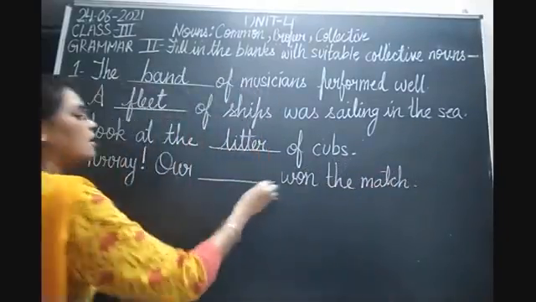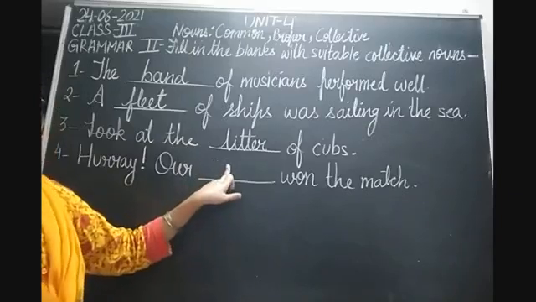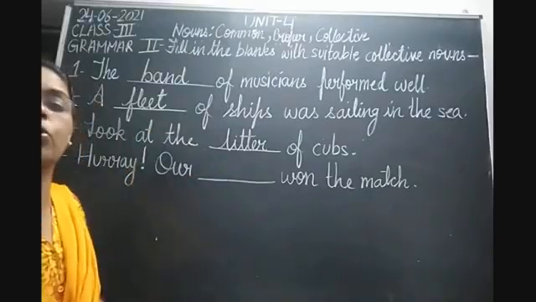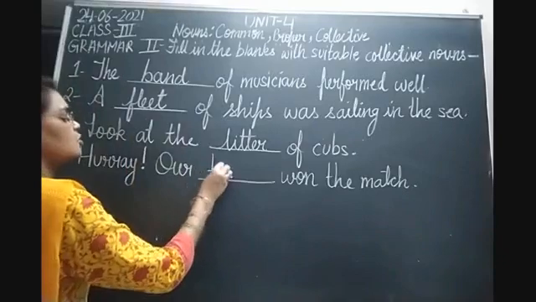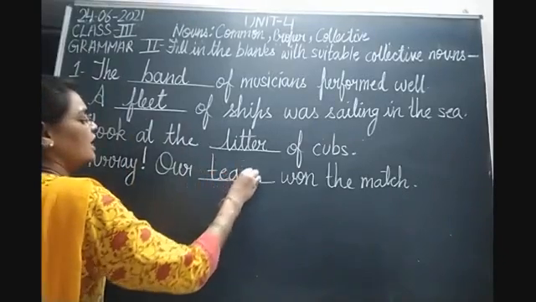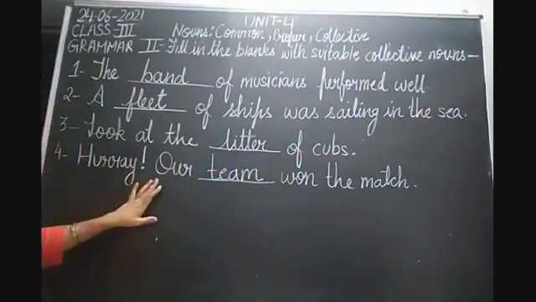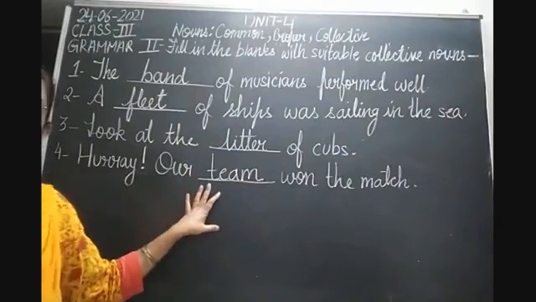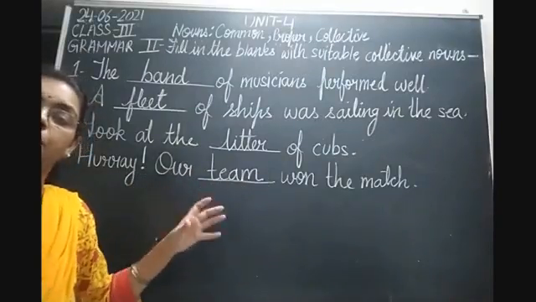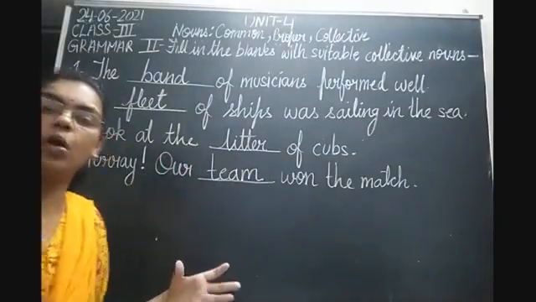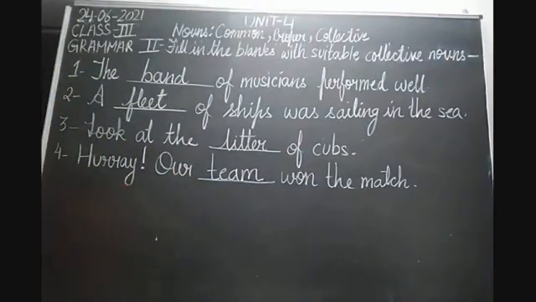So, players के कलेक्टिव नाउन को क्या बोला जाता है? टीम. T-E-A-M, टीम. Hooray, our team won the match. Team of players. The collective noun for players is team. So, hooray, our team won the match.